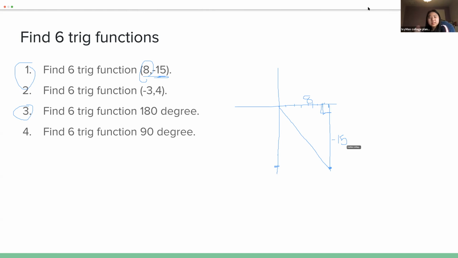Okay, and then what you're going to do next is find the third side, your hypotenuse. So you're going to use the formula that we taught you before: A squared plus B squared equals C squared. After you solve that, C should be equal to 17.